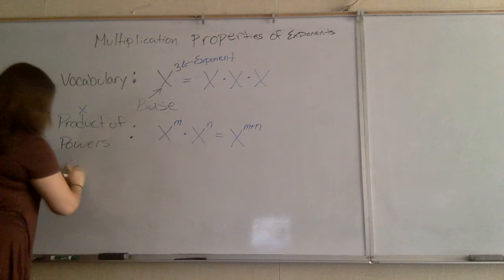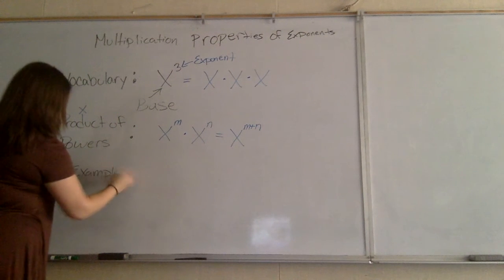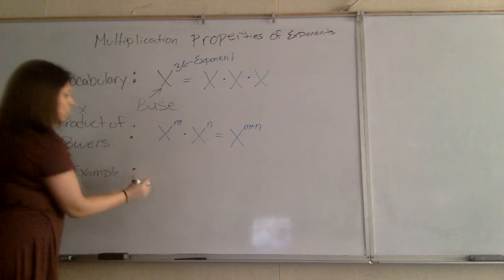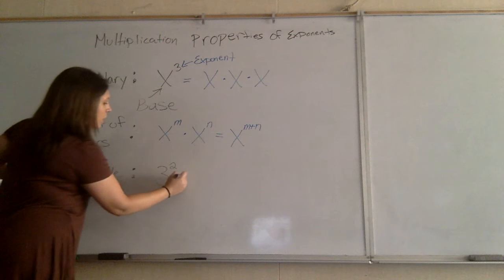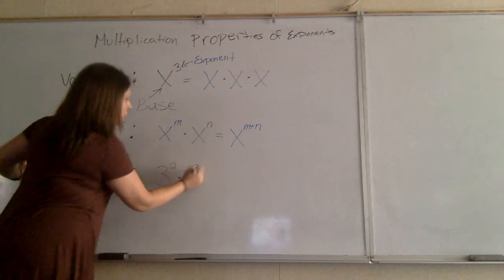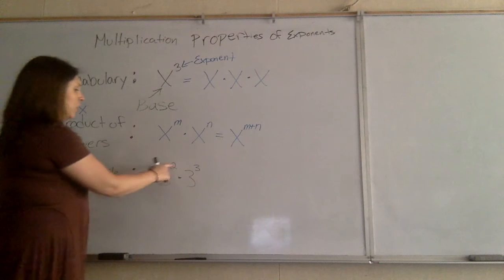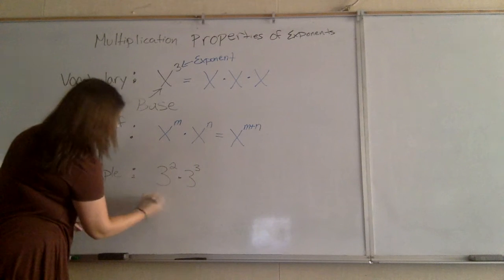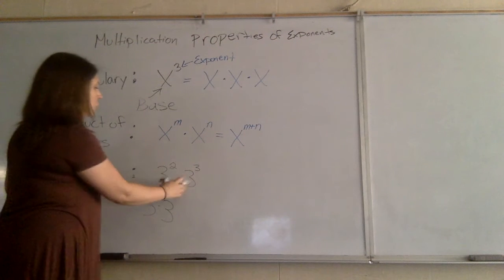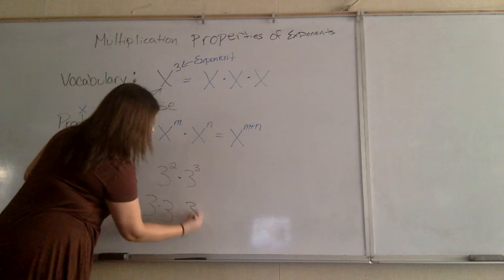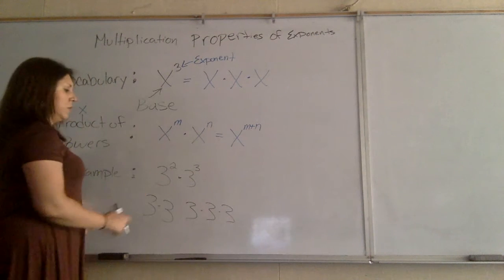So if we have an example, 3 to the second times 3 to the third. Well, what does that mean? 3 to the second means I have 1, 2 3s. 3 to the third means I have 1, 2, 3 3s.